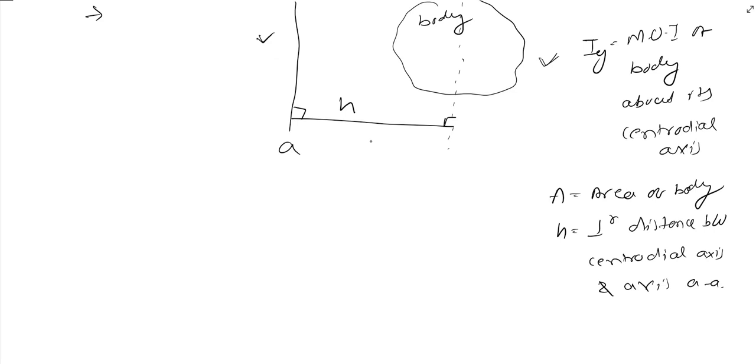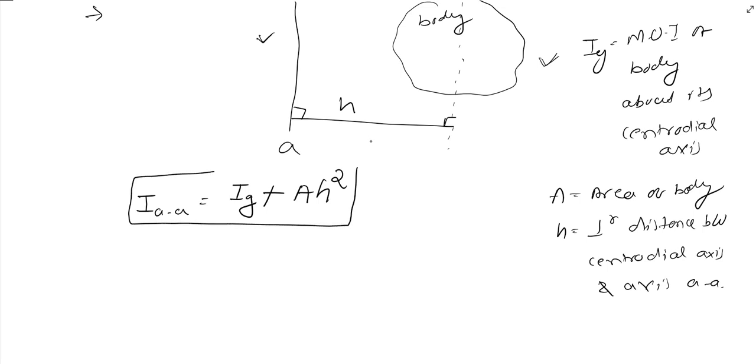So according to the perpendicular axis theorem, IAA, the moment of inertia about any axis parallel to the central axis of the body, is equal to the sum of the moment of inertia of the body about its central axis plus the product of the area of the body and the square of the perpendicular distance between the central axis and the axis about which we are calculating the moment of inertia.